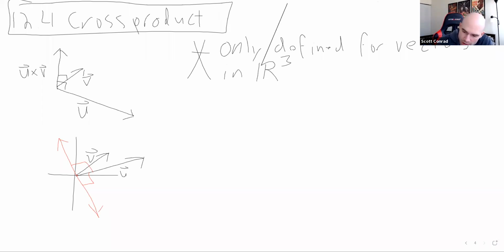And all the vectors which are orthogonal to v are either pointing in that direction or that direction. Notice there are no vectors in this case which are orthogonal to both u and v. And that's usually going to be the case in R2. So this is sort of where the cross product comes from, but it only is defined for vectors in R3.